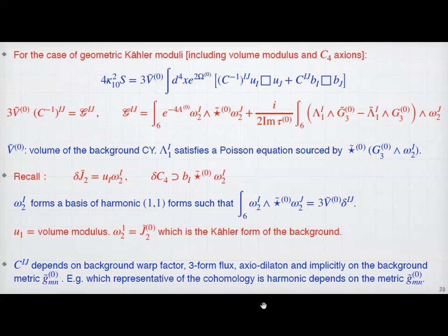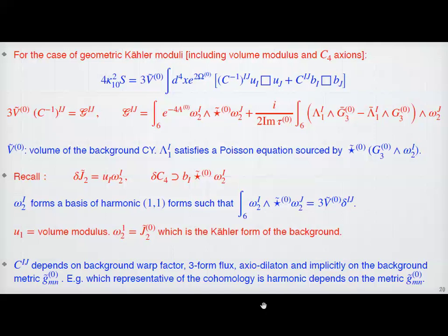This is an equivalent statement: the Kähler form also gets a fluctuation, which is equivalent to changing the metric. And for delta C4 we have allowed the axions, combined them, and especially one of the harmonic (1,1)-forms is nothing but the background Kähler form, which is written in terms of the background metric.